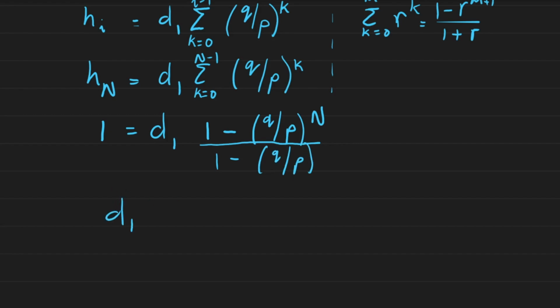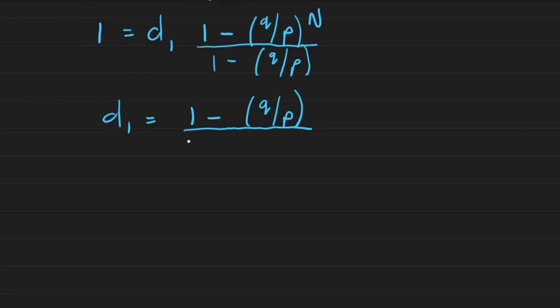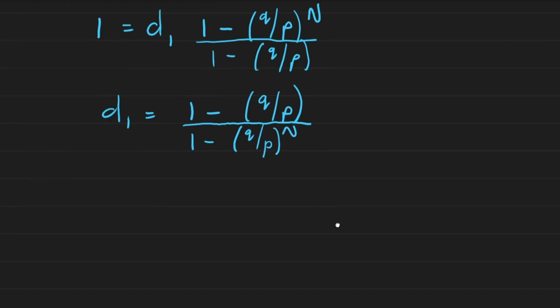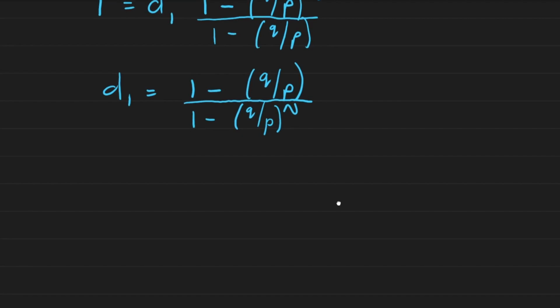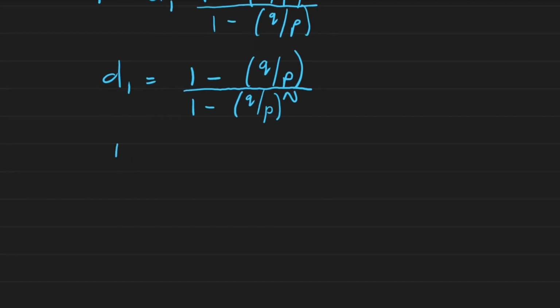So what this means is that d1 is just equal to 1 minus q over p divided by 1 minus q over p to the power n. Just swap around the numerator and denominator. So we can now proceed to determine hi.